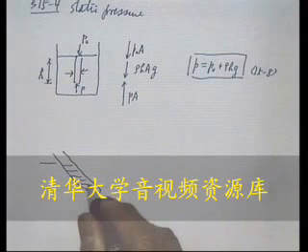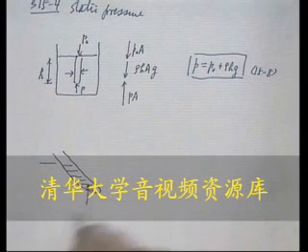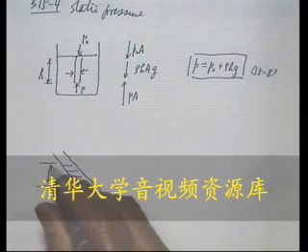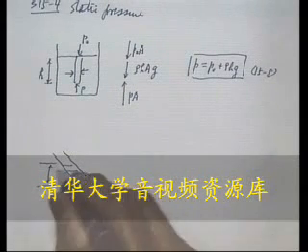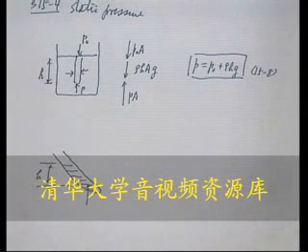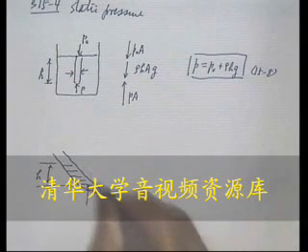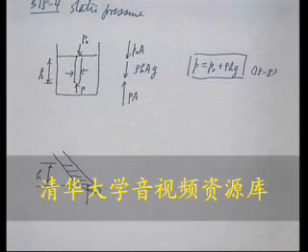Then when we talk about the pressure here, that pressure is increased by rho gh, and that is H. So remember, H is always the vertical distance. You don't take this oblique distance. Is that clear to everybody?